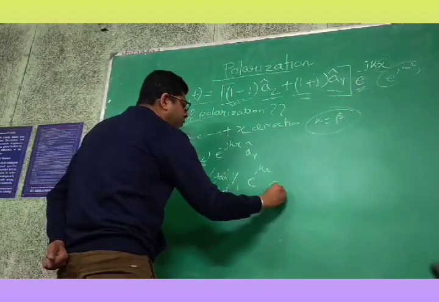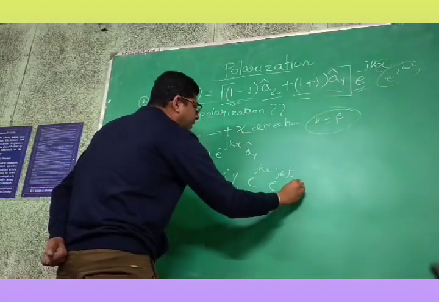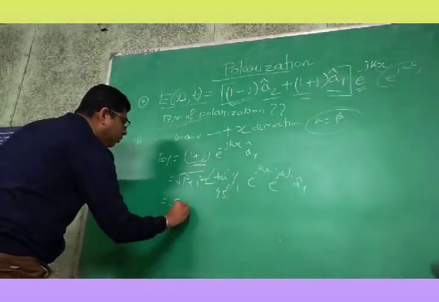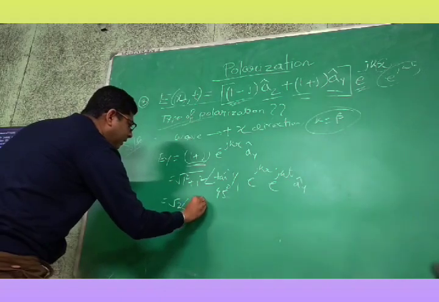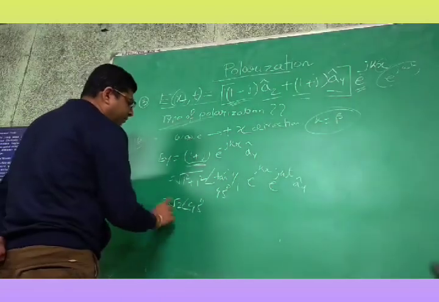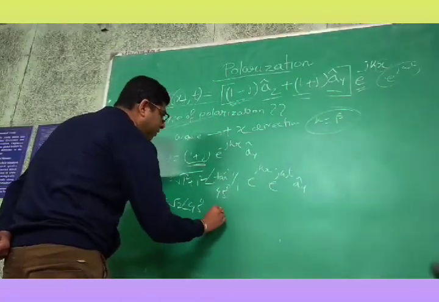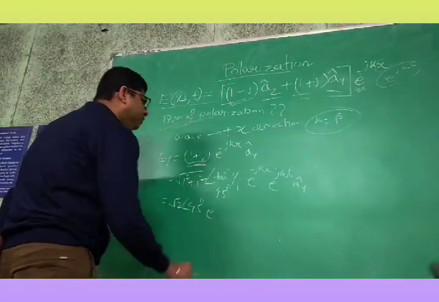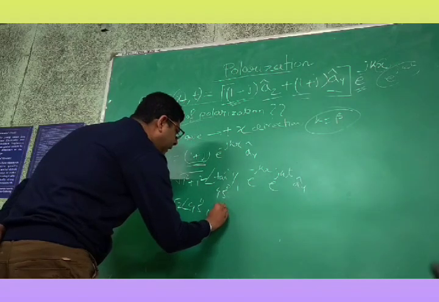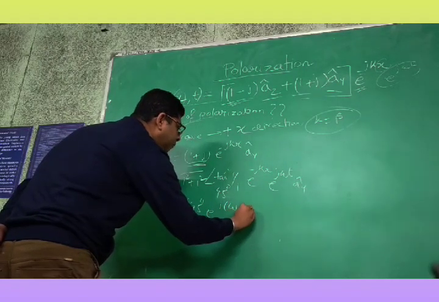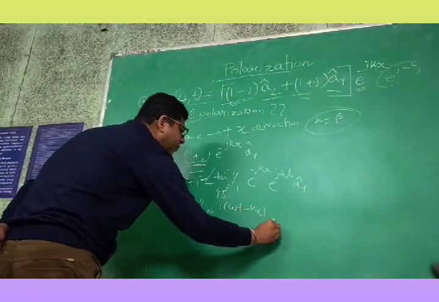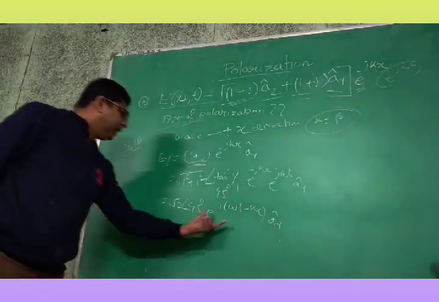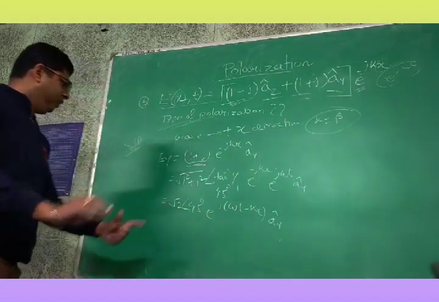Or if you want you can write the e to the power j omega t term. So this is basically root 2 angle 45 degree, e to the power j omega t minus kx. Either way, you can change this to cos form, there will be no issue with that.